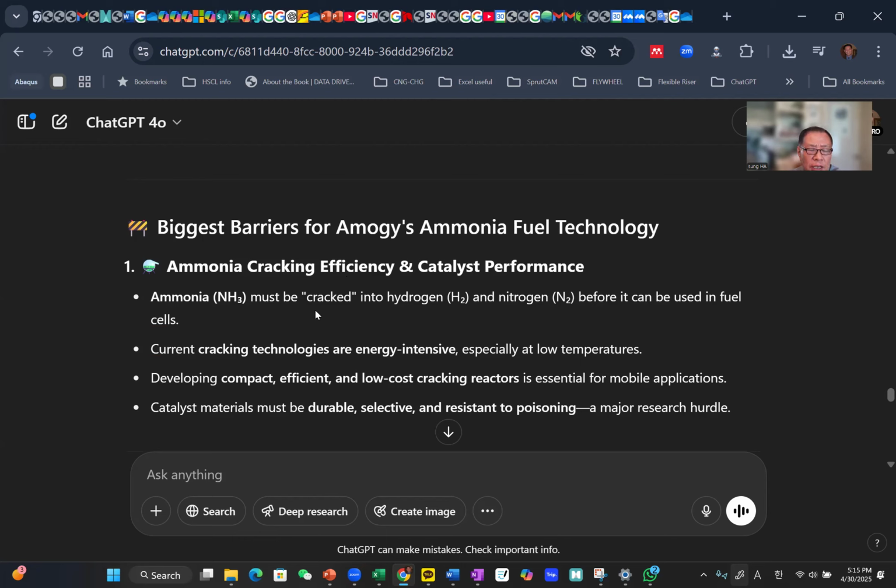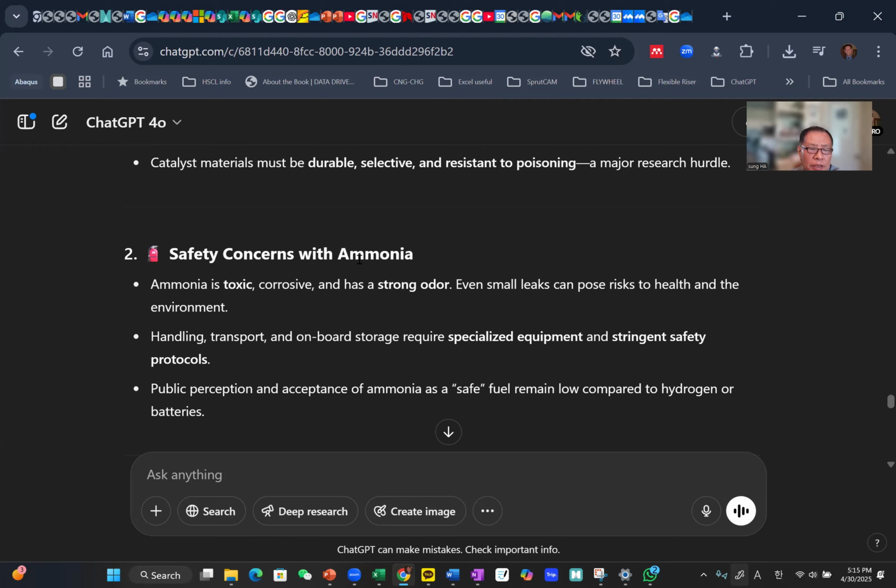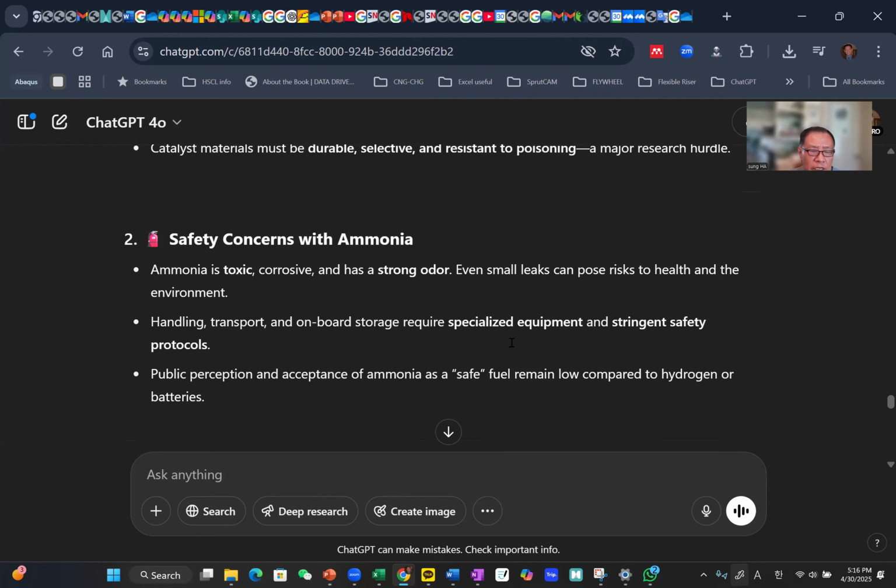Ammonia is safe in terms of pressure or temperature, but ammonia can be chemically toxic and has a very strong odor, and environmentally it is categorized as a toxic chemical. Not so much toxic, but handling, transport and onboard use require very specialized equipment.